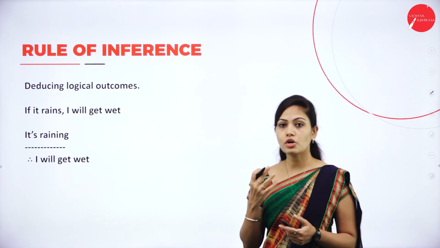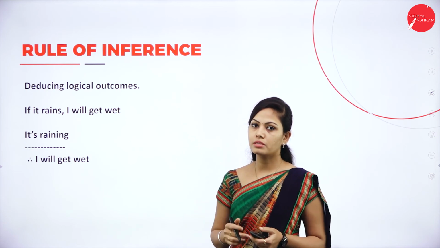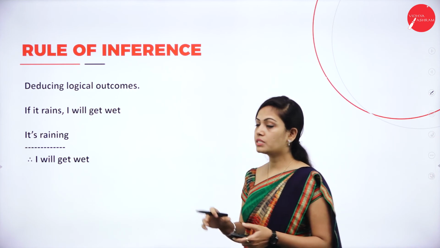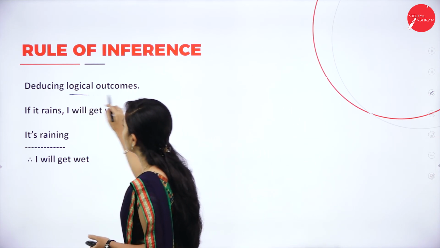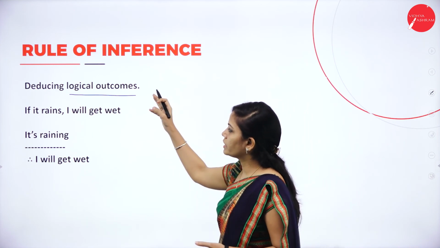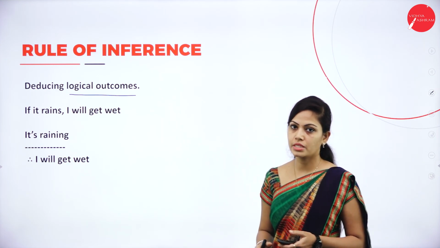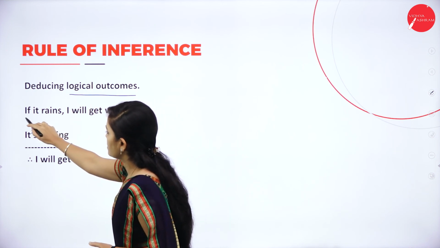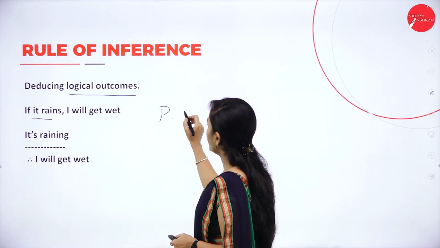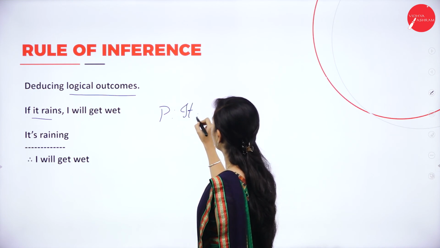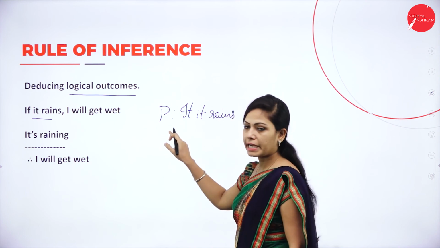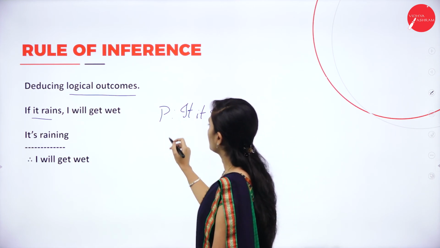And what is the objective of this rule of inference? With the help of this rule of inference, we are deducing logical outcomes. We are finding the logical outcomes. Example, the first statement P is: if it rains.